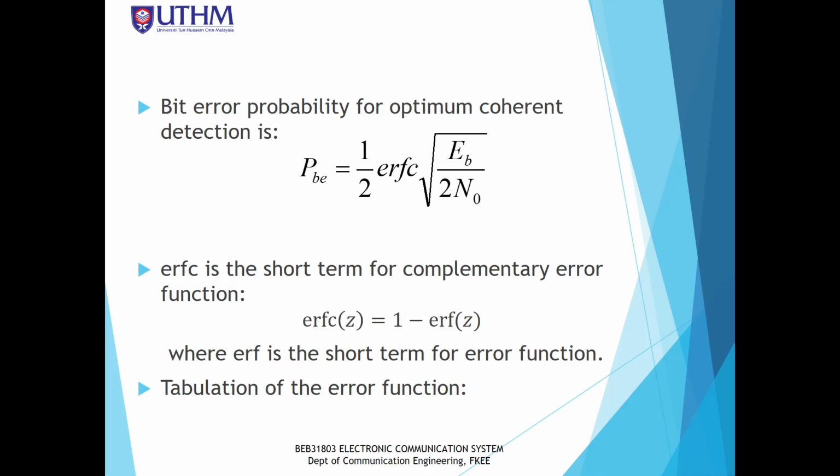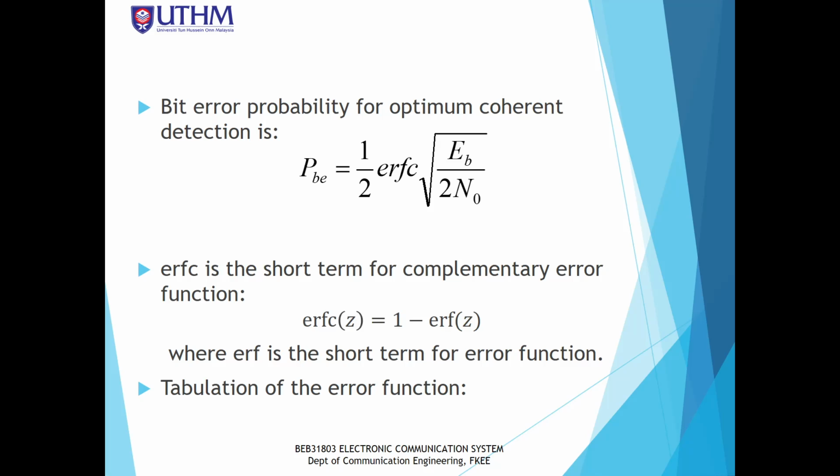So this is the calculation regarding the probability of bit error. Probability of bit error means the probability of a bit error occurring. Okay, the probability of bit error occurring.